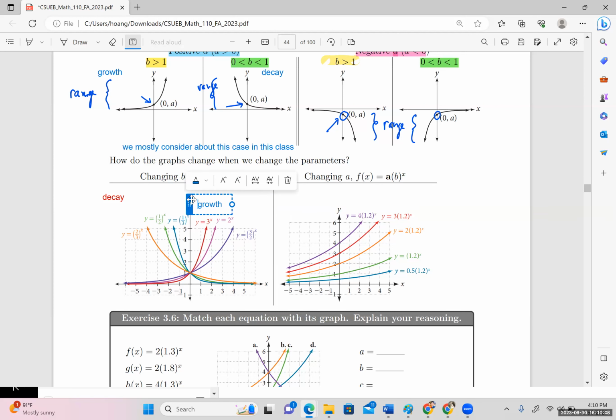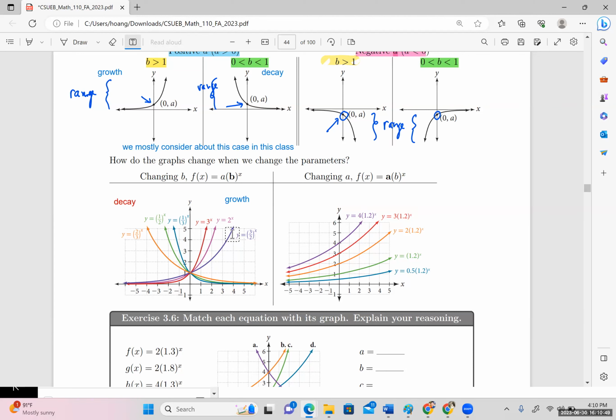All right, and you see 2/3 is greater than 1/2, and 1/2 is greater than 1/3. So the closer it is to 0, the more quickly it decays. On the other side, if you have the growth factor as 3 compared to 2 and 3/2 here, they are all greater than 1, right?